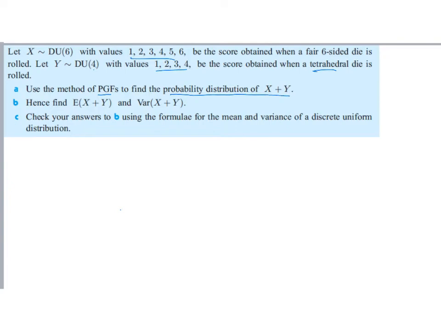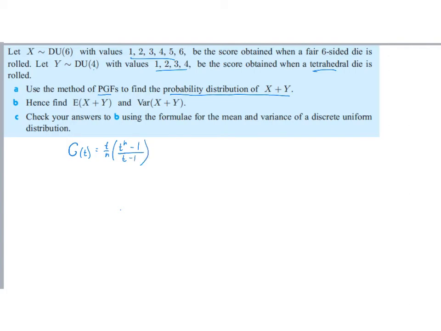All right, so we'll go ahead and start with that. We will write out each of the PGFs. You may remember that G(t) for a discrete uniform is t over n times (t to the n minus 1) over (t minus 1).